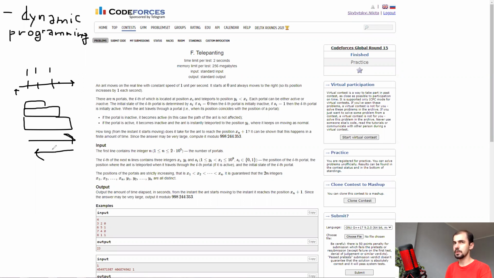Once you try computing values forward, it doesn't seem very possible, because when you are here, you already know all information about these teleports, but it's hard to predict what will happen.